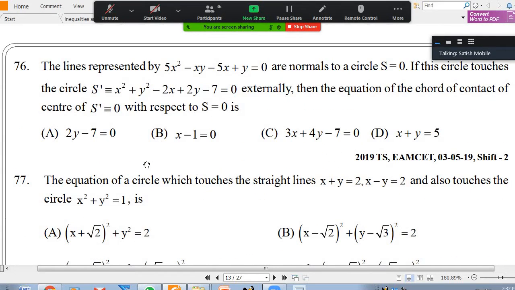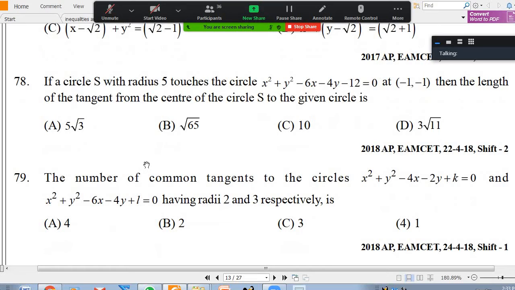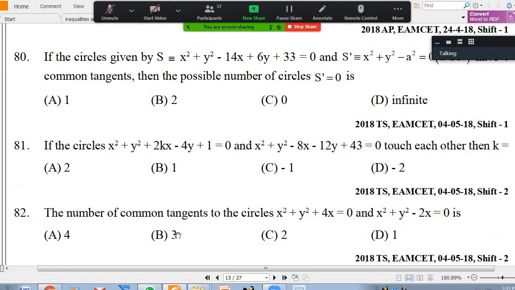Any doubt? 77. 78. 79. Up to 82. Anybody any doubts?